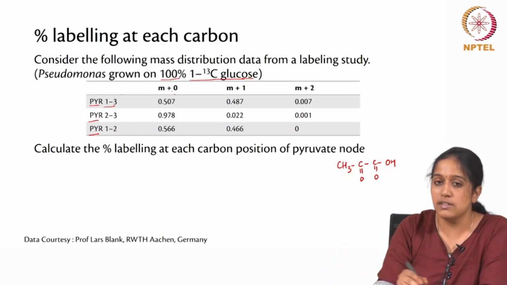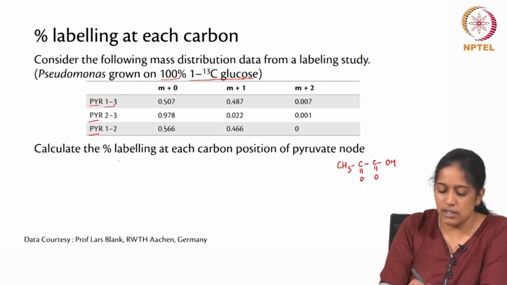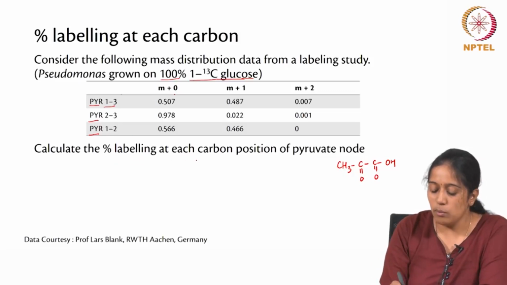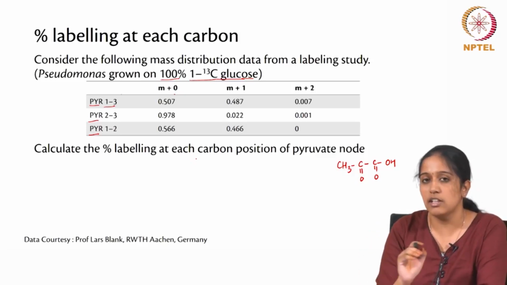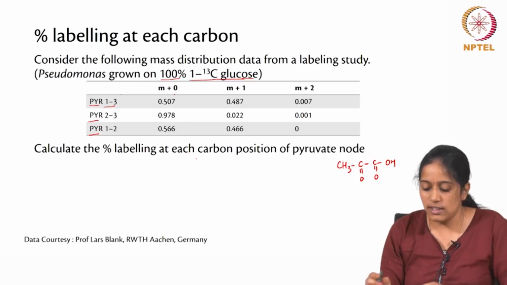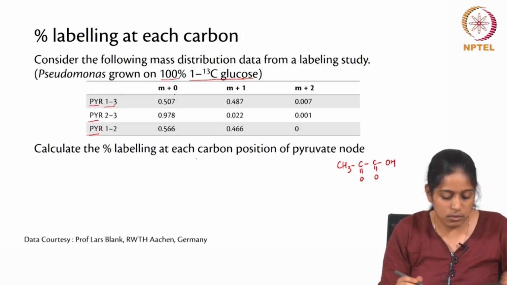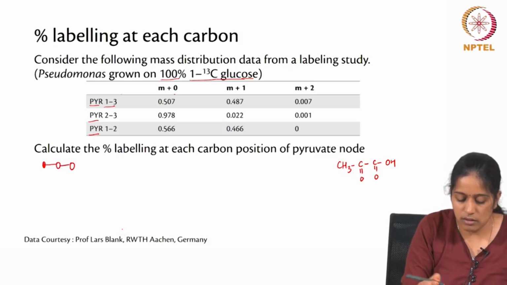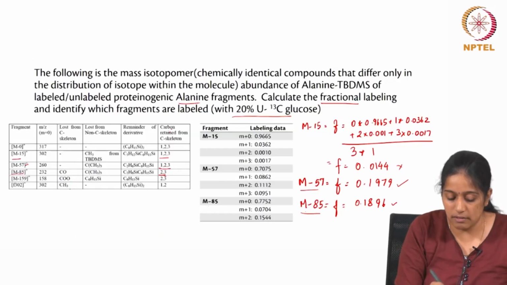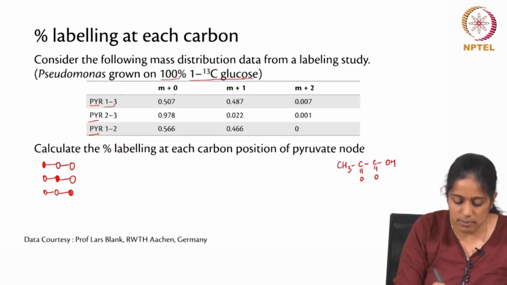Since I have this distribution table, I would now like to see how each position in pyruvate is labeled. This is a very simple example. First, we try to construct this as a small toy. I am just drawing the carbon atoms in the pyruvate with different positions labeled.